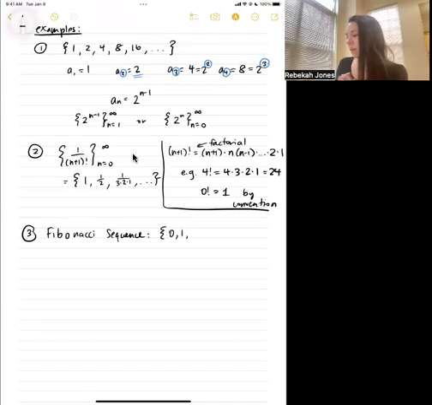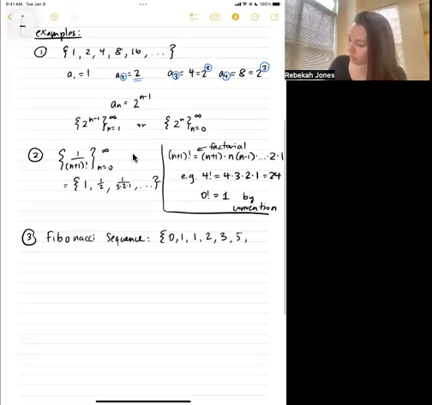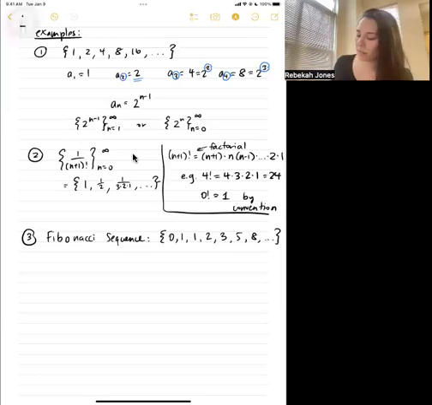We start with 0 and 1, and then to get the next term, we add those two previous terms together. So here I'll get a 1, and then the next term, I add these two terms together, so that'll be 2, and then the two previous terms added together is 3, and then 5, and then 8, and we keep going like that, right?